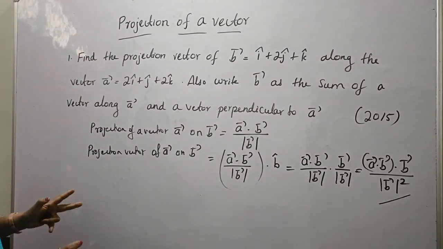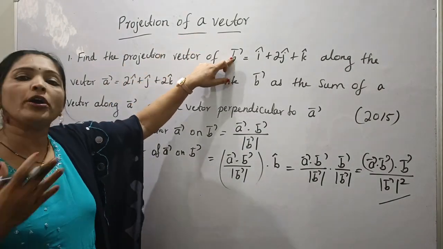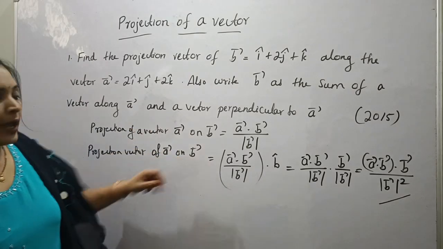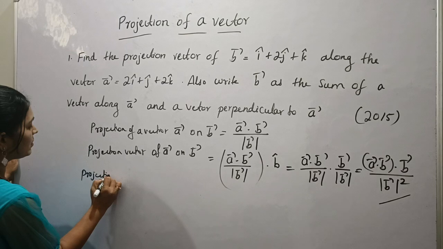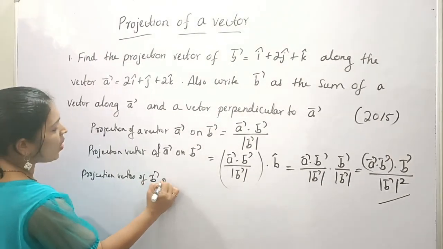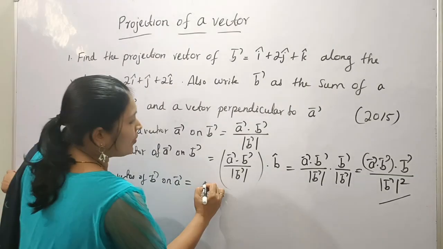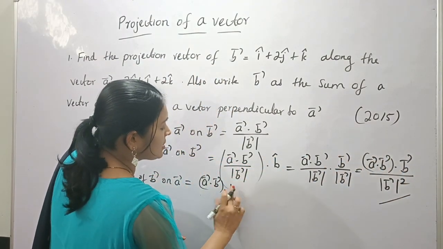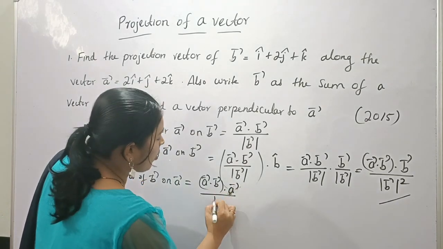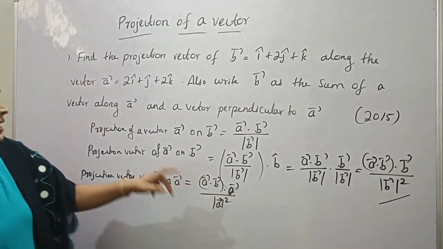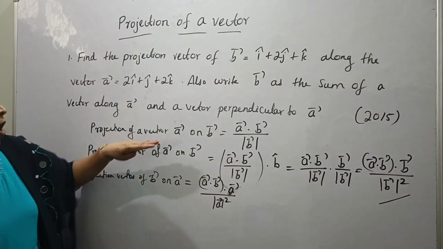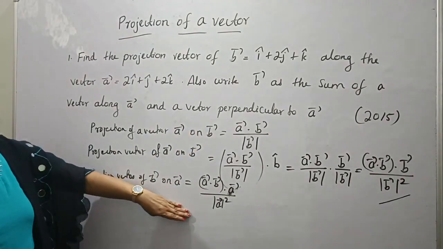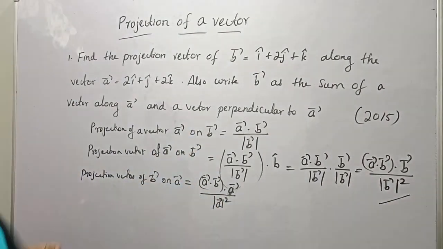Okay, so let's find. Here we have to find the projection vector of B on A. Okay, projection vector of B on A. Here it is the formula, projection vector of A on B. Therefore, projection vector of B on A is equal to vector A dot vector B into vector A divided by modulus of vector A square, because here we will find the projection vector of B on A. If it is on B, then in denominator modulus of vector B. If it is on A, then modulus of vector A. Okay, so here let's find.